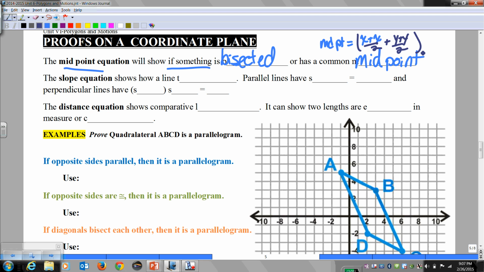We're going to write out the midpoint equation. The midpoint equation is add the x's, divide by 2, add the y's, divide by 2, comma. In between, it's a coordinate. Write down that midpoint equation.